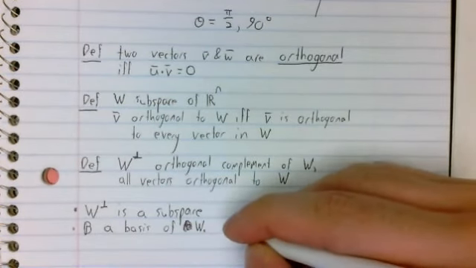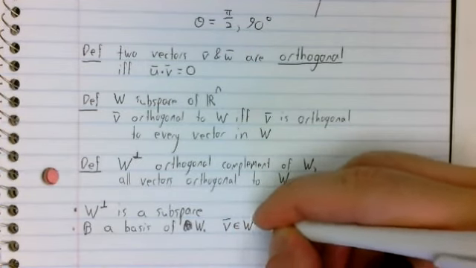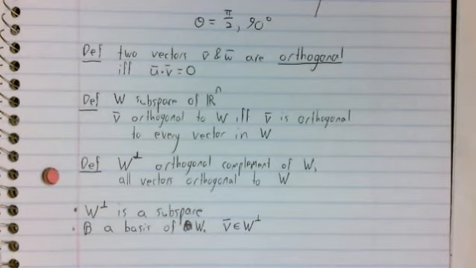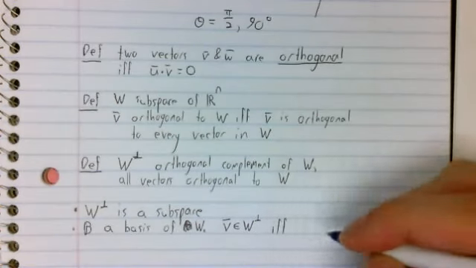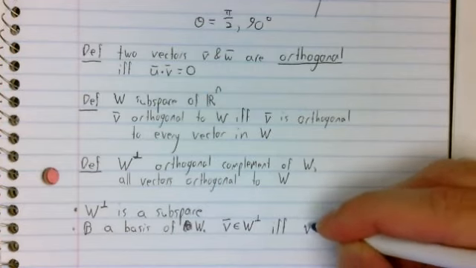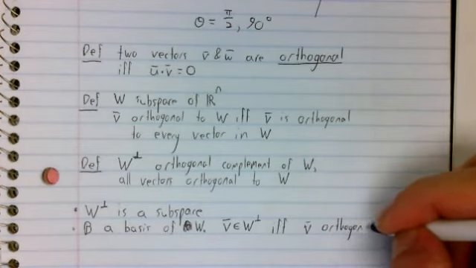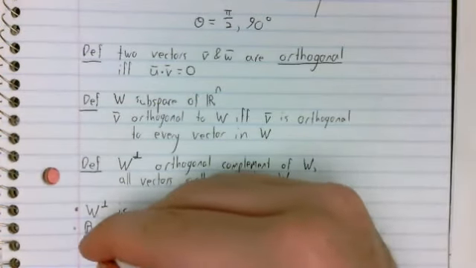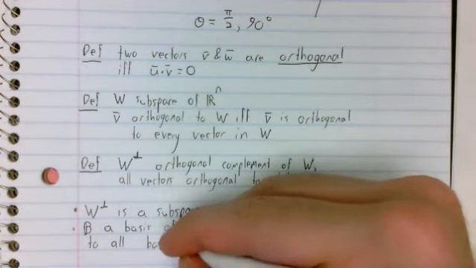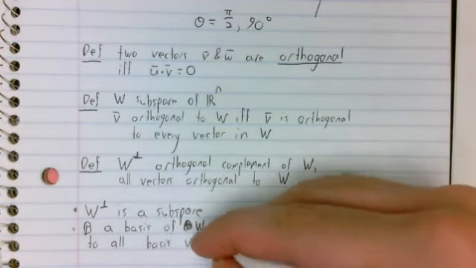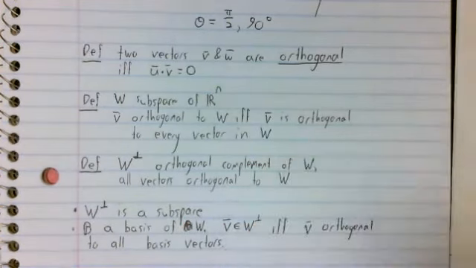Then a vector V is in the orthogonal complement of W if and only if V is orthogonal to all the basis vectors.